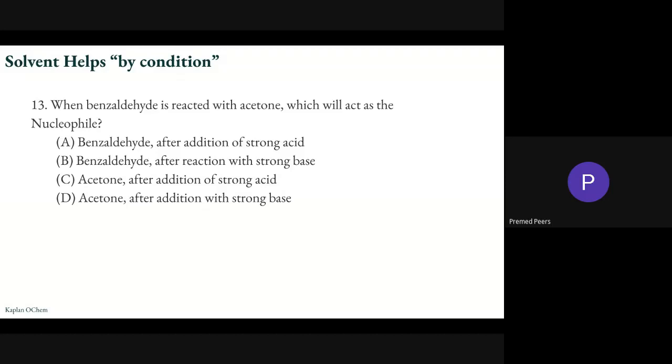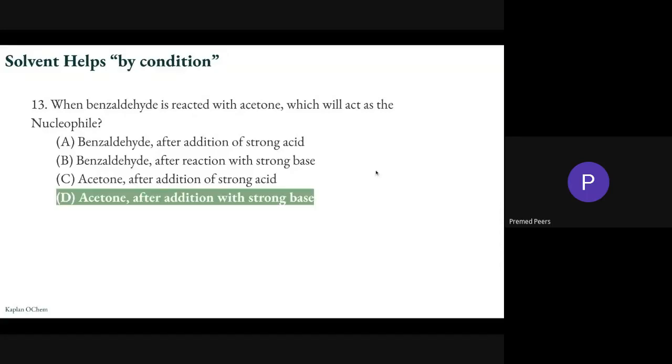You put it with the acid, but then the acid is going to protonate the species, making it more positive, right? So the other way around is to add the base so that you pull a proton away and make your nucleophile more negative.